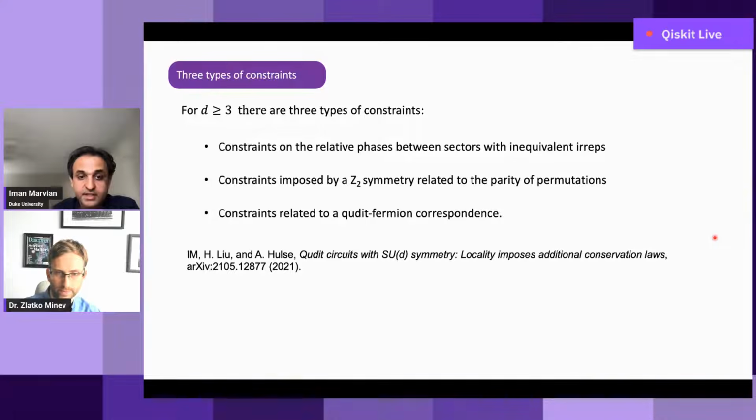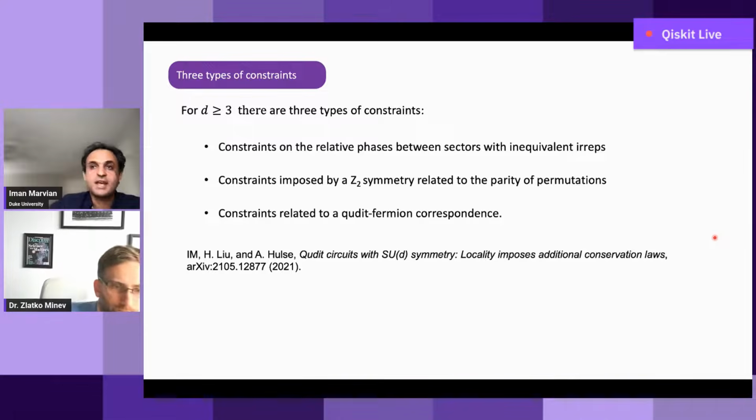You have constraints related to the Z2 symmetry that I just mentioned before. And it turns out that there are also constraints in certain sectors where the dynamics of the system can be mapped to a fermionic system. For 2-local unitaries, the fermionic dynamics will be the dynamics of a free fermionic system, whereas if you allow 3-body interactions, for example, then it will be an interacting fermionic system.